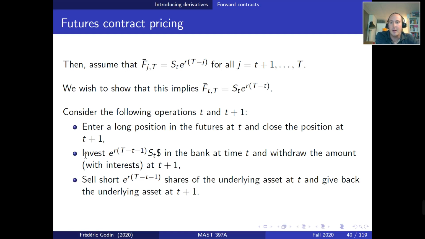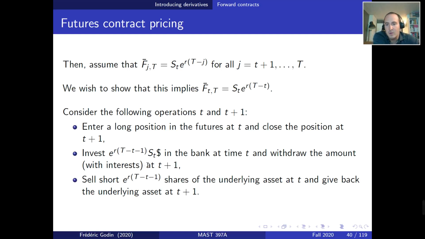Then we're also going to invest this amount of money in a bank account at time t, and withdraw that amount plus interest at time t+1. What's this amount? It's S_t, the value of the underlying asset, times exponential of r(T−t−1). Why this factor? This will become clear in the next slide.